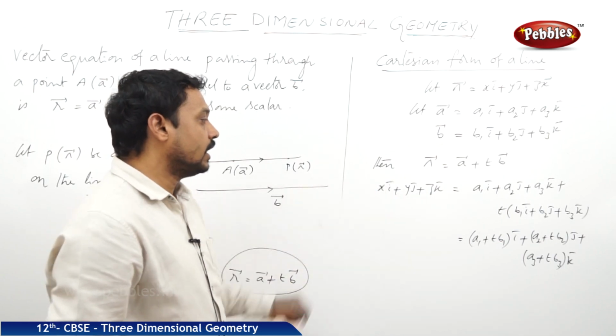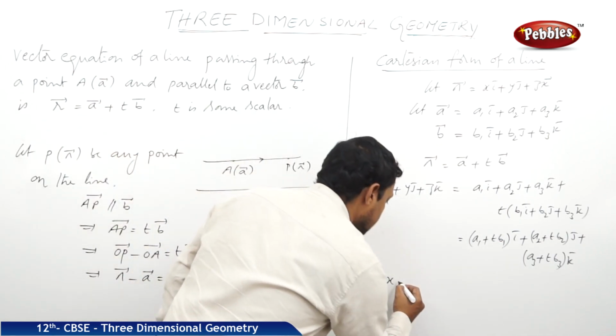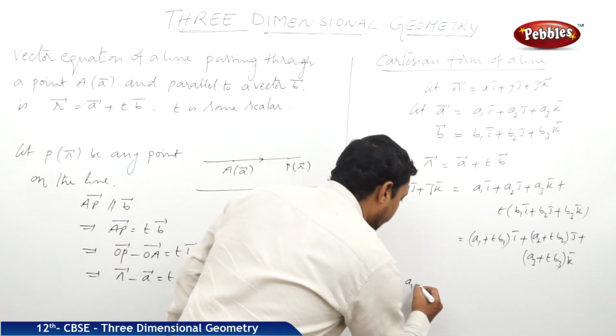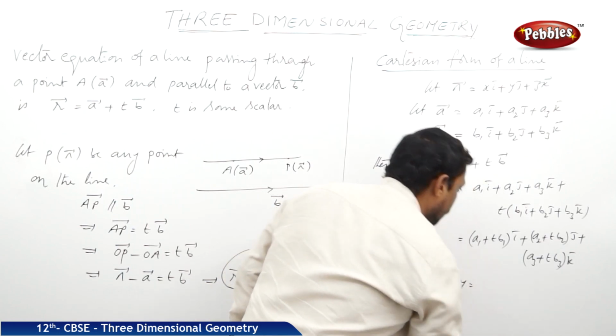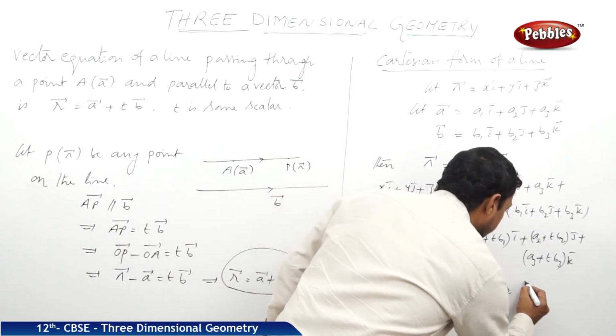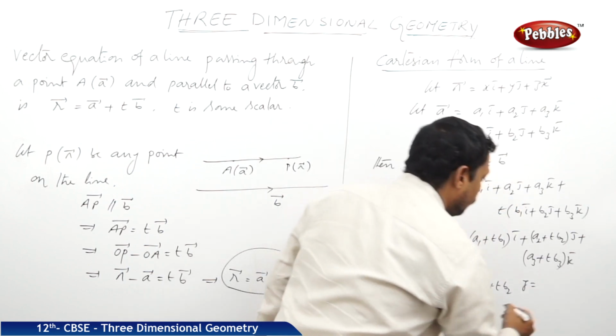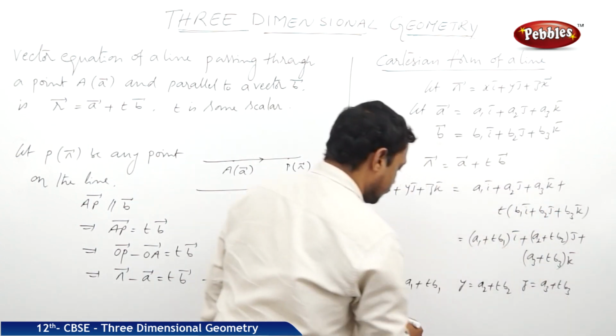Now comparing like terms on both sides, clearly x is equal to a1 plus tb1, y is equal to a2 plus tb2, z is equal to a3 plus tb3.